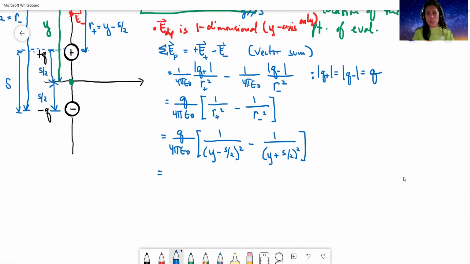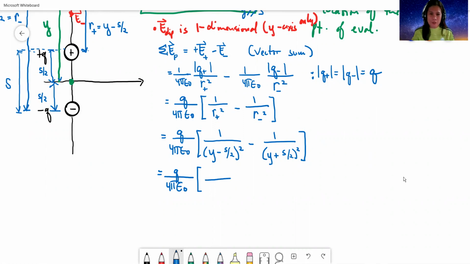Algebra, this is subtraction of rational expressions. These are dissimilar fractions. We learned in elementary math that if we subtract dissimilar fractions, we get the LCD.